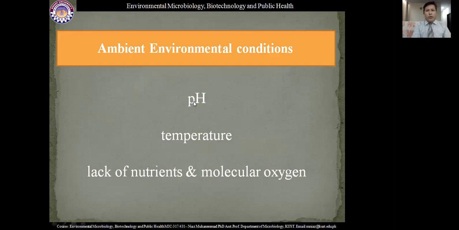We don't know that there is any bacterial strain which can degrade a pollutant in acidic environment. If suppose pH is very alkaline, we don't know which type of alkalophilic microorganism is there which have ability to decompose and degrade that pollutant.